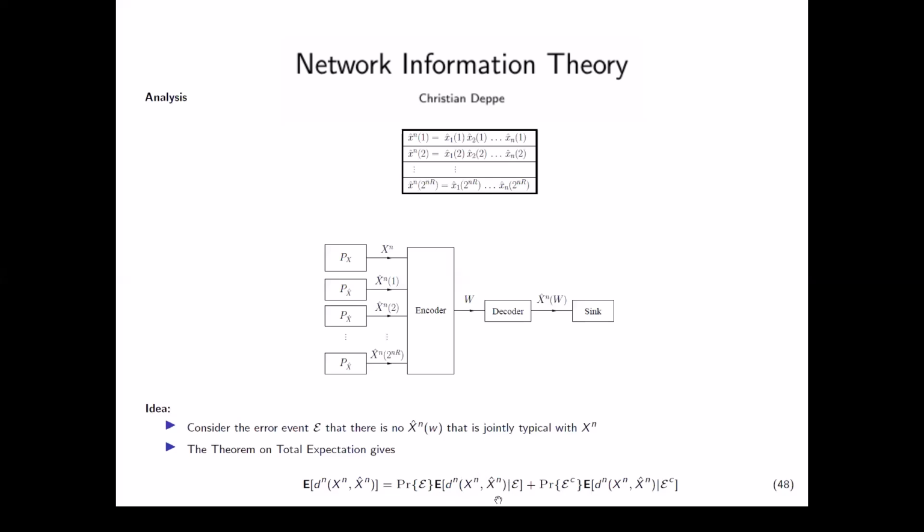So we get here d max. At the end we choose the rate such that this goes to 0 and such that this is equal to d max. So we know that this goes to 0 if n goes to infinity. Then we have to show that this goes to the expected value of the distortion, and we will see that this goes to 1.